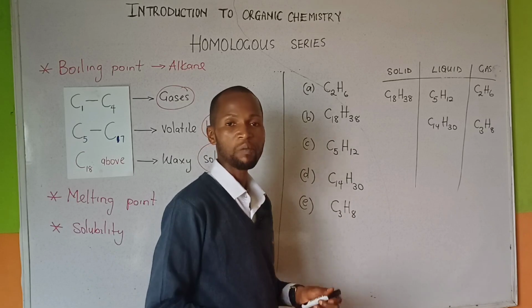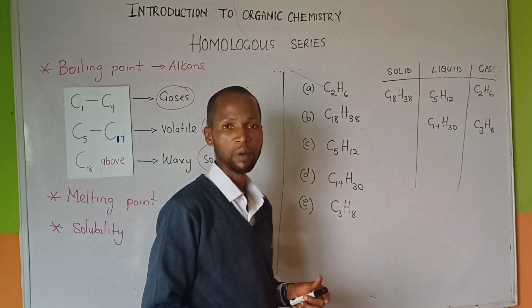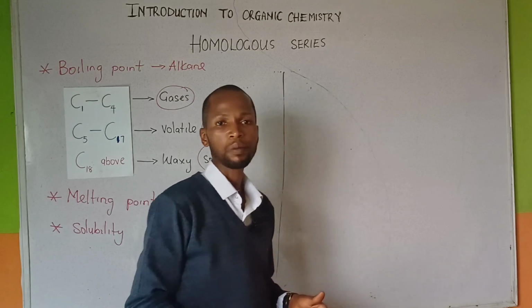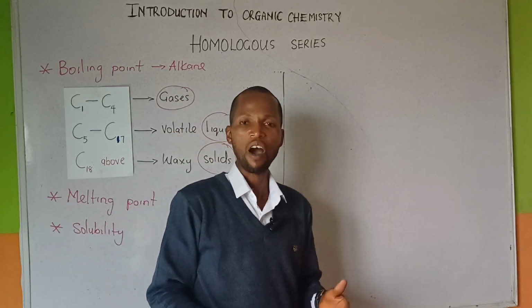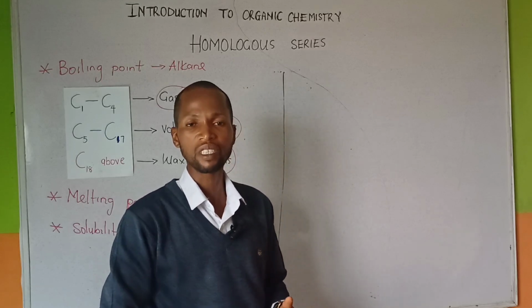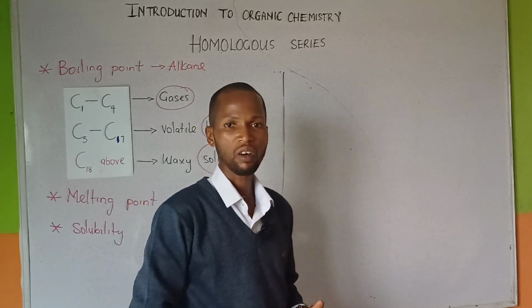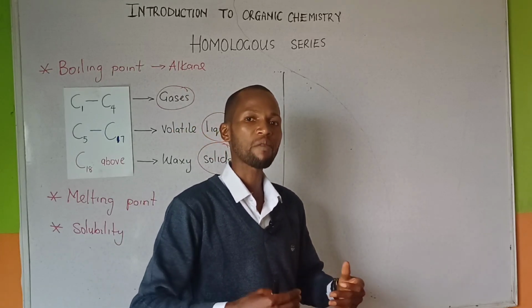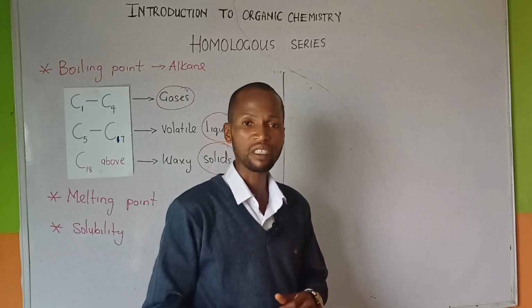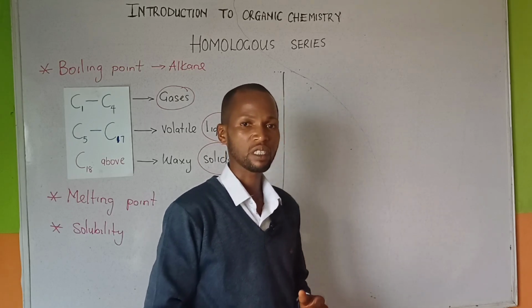Moving on to the next, members of the same series may be prepared using similar methods. The method used in the preparation of alkene, the ethene, is similar to that of propene, similar to that of butene. So they have similar methods of preparation, provided they are found in the same homologous series.